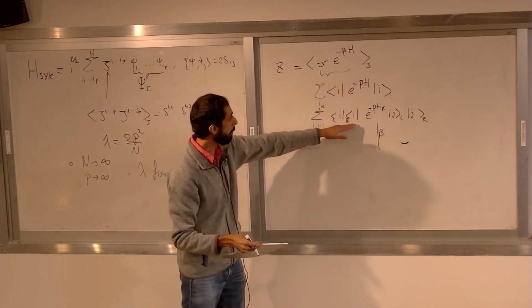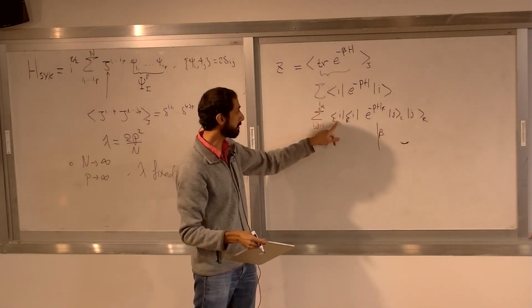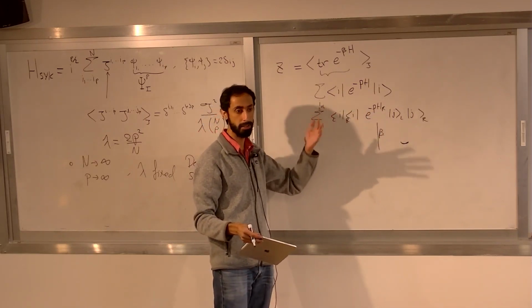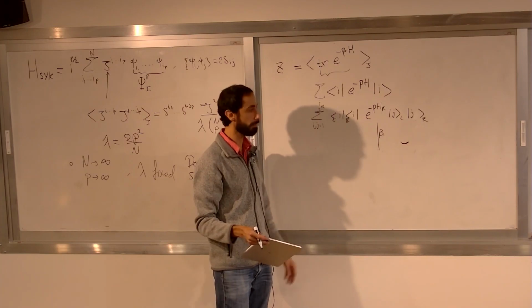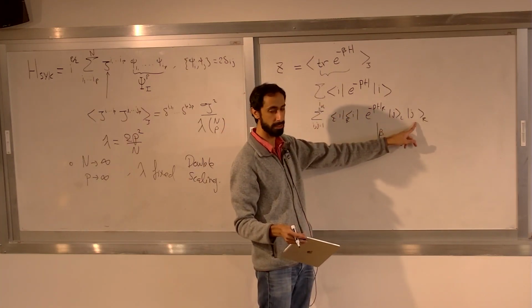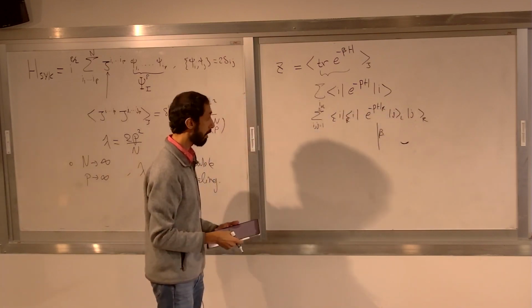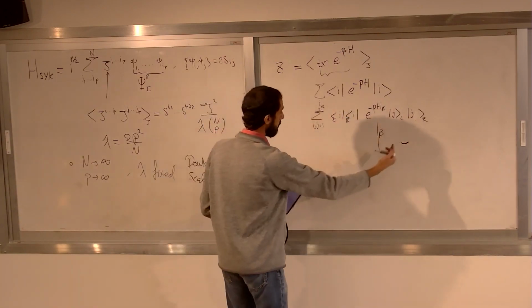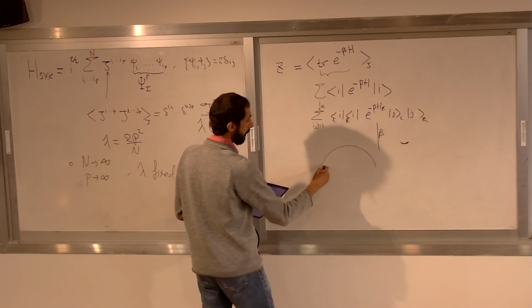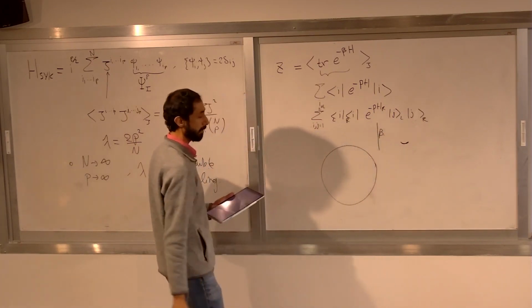Because that's how I would get something like this. If I write this in the energy basis, I can think of the H acting on either one in any way I want. Because if it's an energy basis, it doesn't care whether it acts on this guy or that guy. It's just a number. This picture here, I want to represent as a circle.